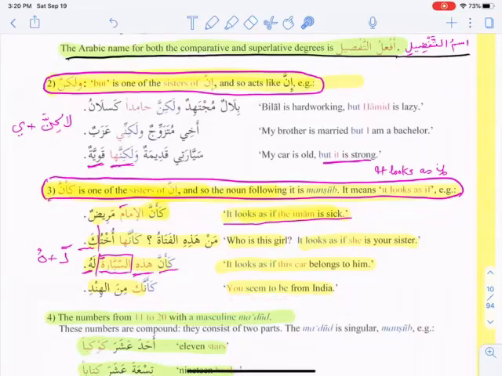Or you can also say, it looks as if you are from India. So ka'anna is min akhwatu inna. What is ka? Ismu ka'anna, mansub. Where is the khabar?